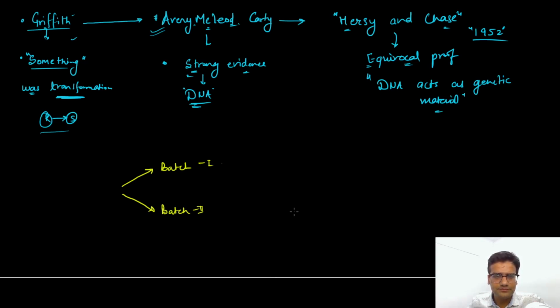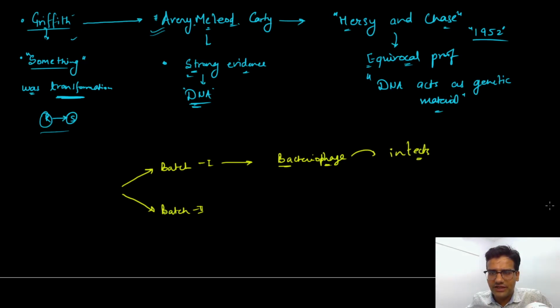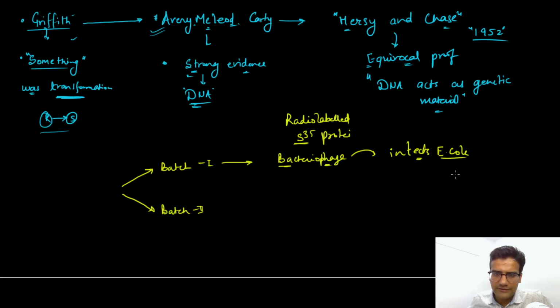Bacteriophages are the virus particles which infect bacteria, such as E. coli cells. In batch 1, they radio-labeled the protein part with S35, because sulfur is unique to protein.